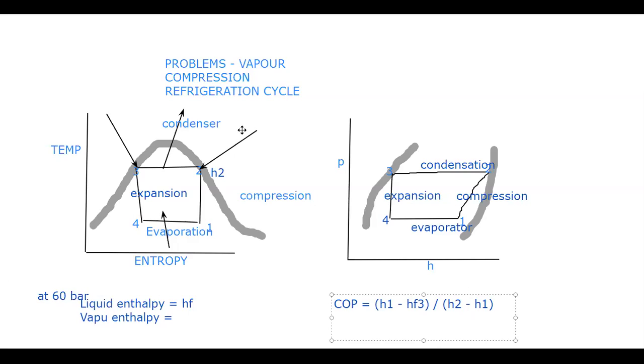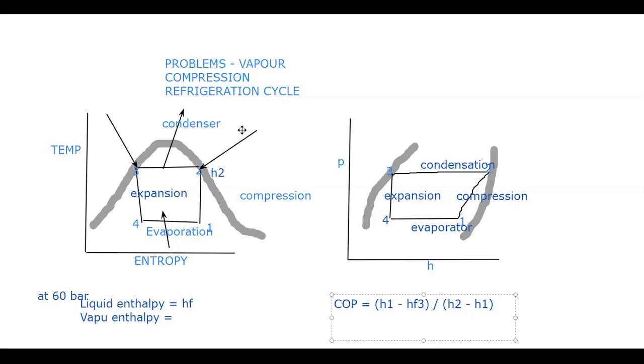He has given it in the table, at point 1, that is at 25 bar problem data. HF1 is the liquid enthalpy, and HFG1 is the vapor enthalpy. So he is substituting here HFG1. Like that you can calculate the enthalpy at point number 1.